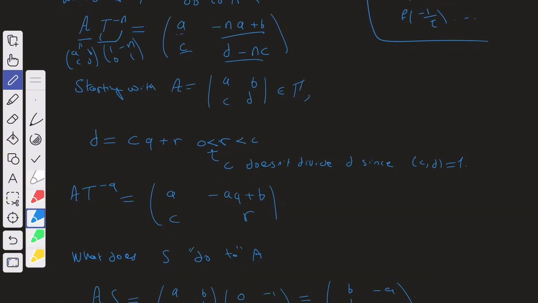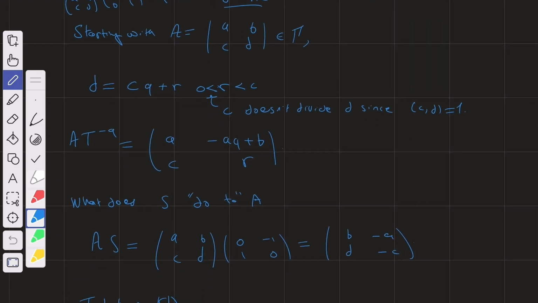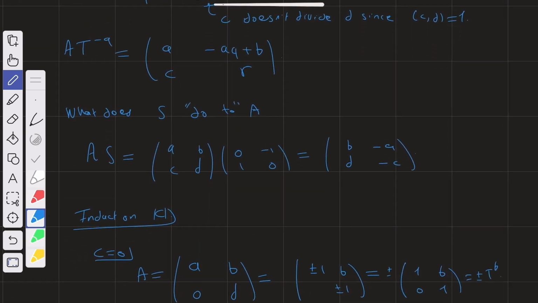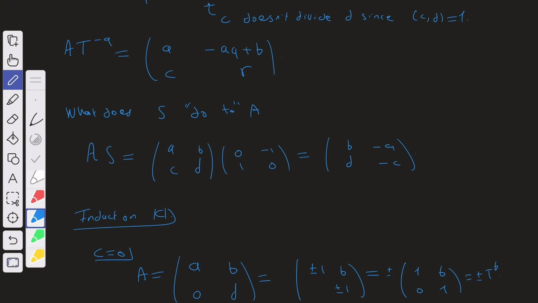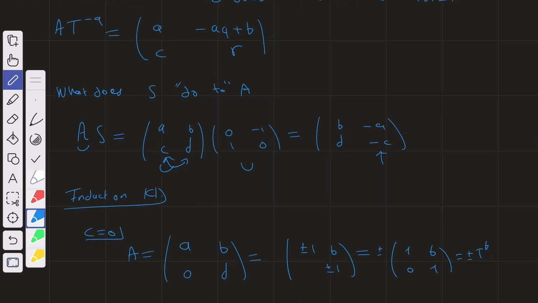Before we discuss further what T is doing to A, let us understand what S does to A. If we multiply A by the matrix S, we switch the two columns of A, and we change the sign of the second column, the one on the right. Why are we doing that?